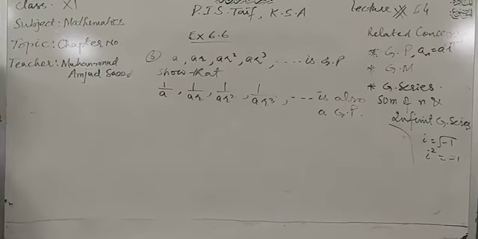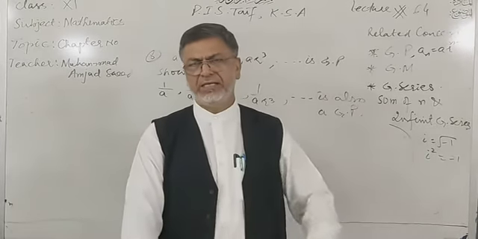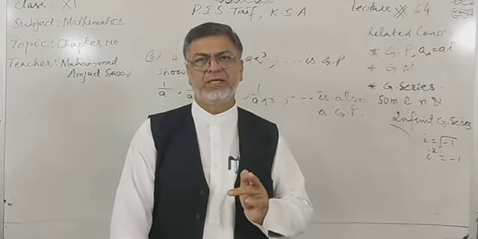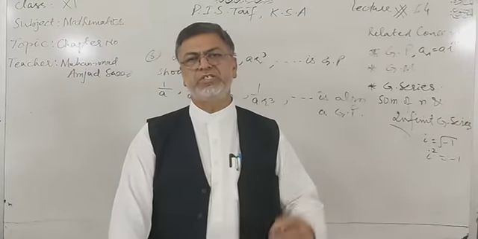Dear students, how can we check that the sequence is GP? Very easily. You can find the common ratio between any two consecutive terms. If that is same for all the consecutive terms, then it will be GP.